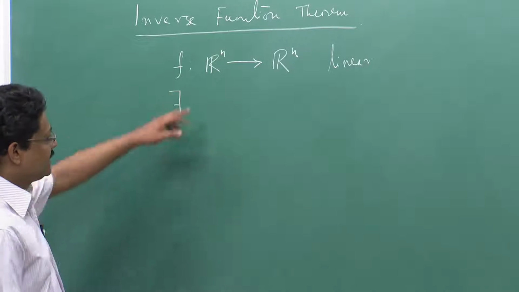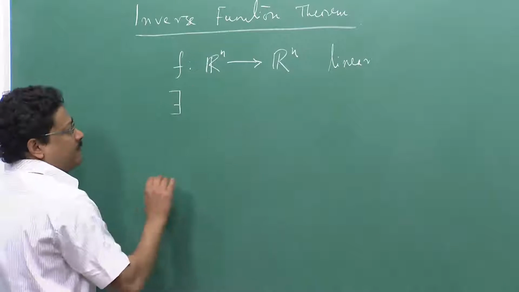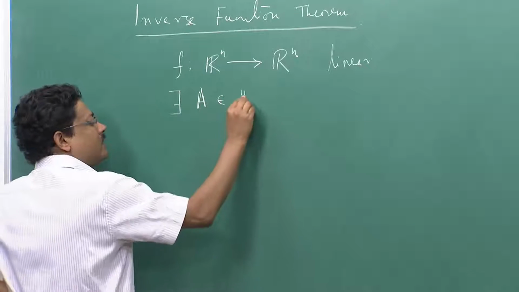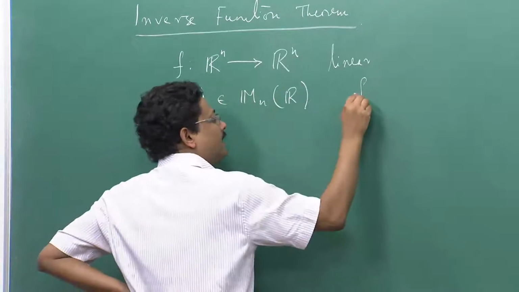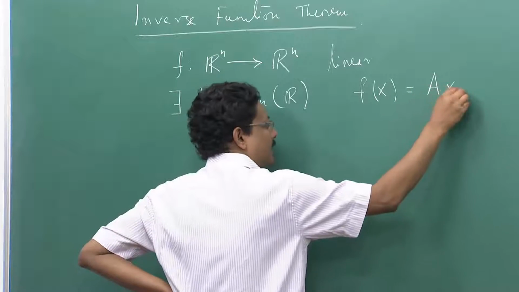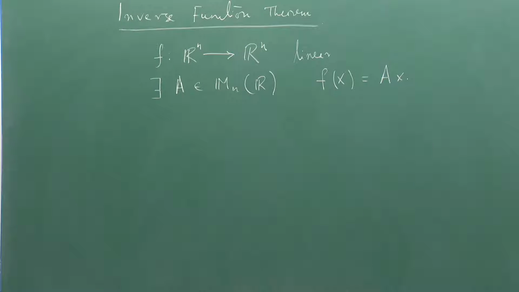If I fix a basis of Rn, then with respect to the fixed basis, I can write an n cross n matrix A such that for each x, f of x is given by A x. These are all the linear functions from Rn to Rn.